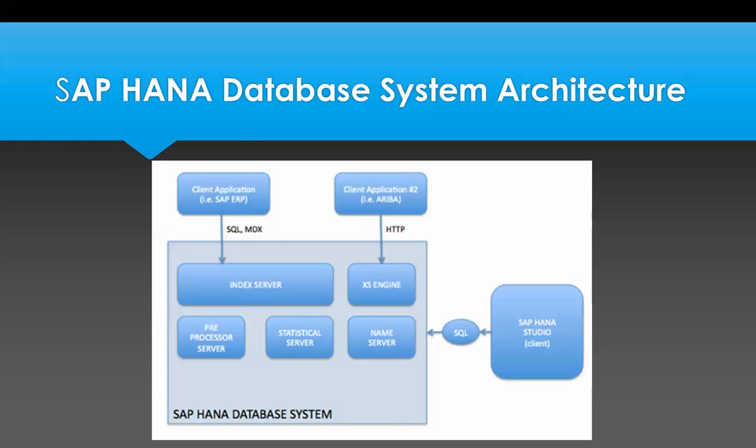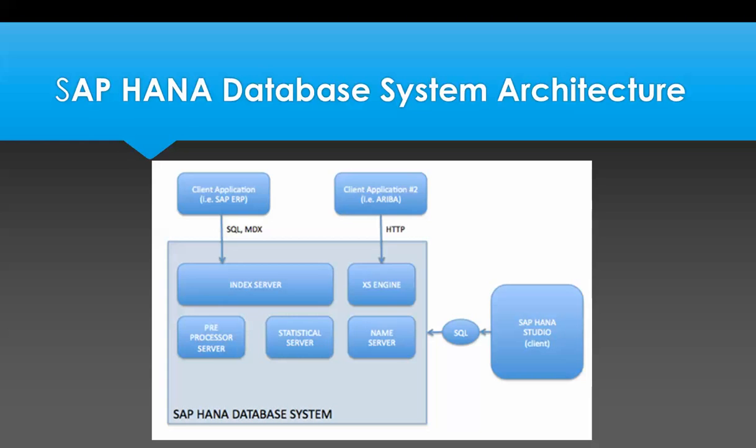Then we have the statistical server, or we call it the statistics server. This server helps in collecting the data for the system monitor, and it helps you know the health of the HANA system. The statistical server is responsible for collecting the data related to the status, resource allocation or consumption, and the performance of the SAP HANA system.